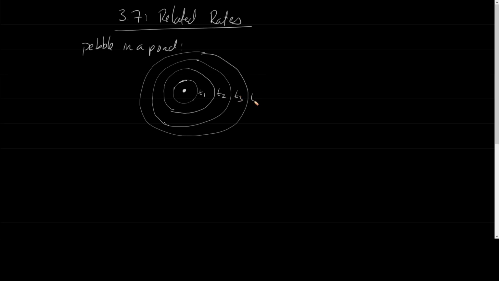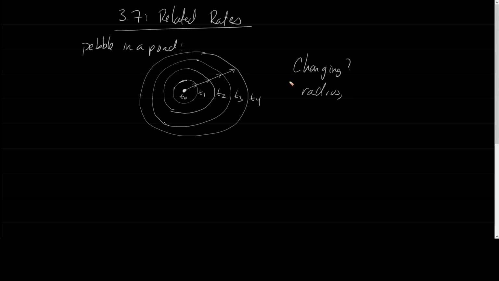Now, the idea here is that there's a lot of stuff changing throughout time. This is time 0, it's not the original time. So what is changing? Well, we have the radius changing throughout this entire time.